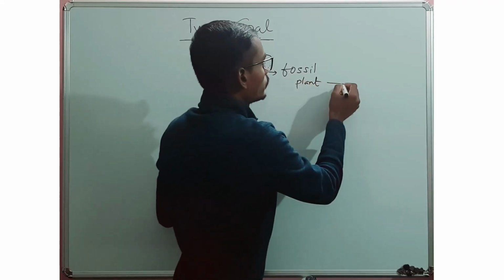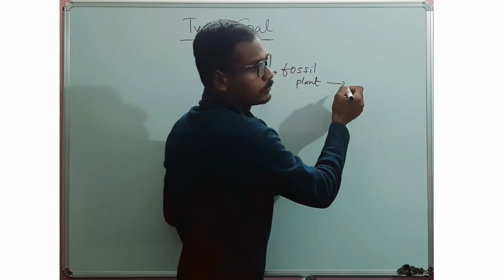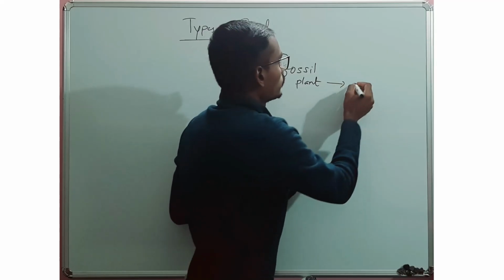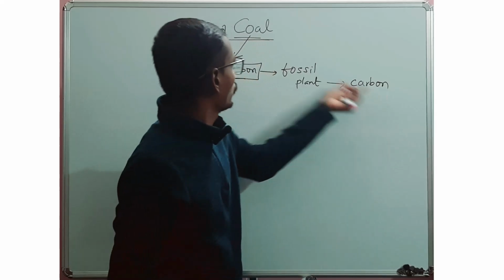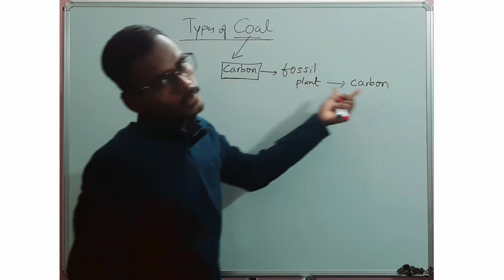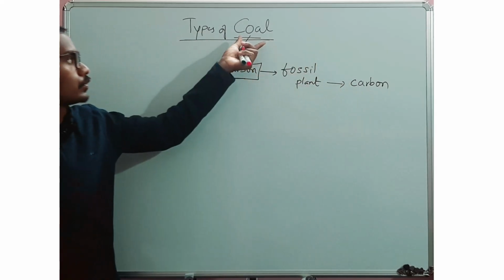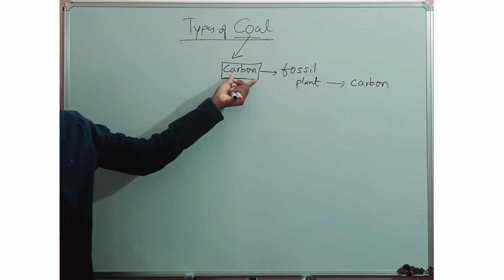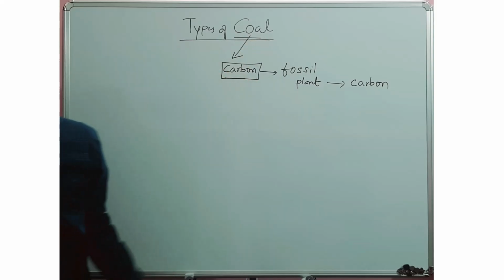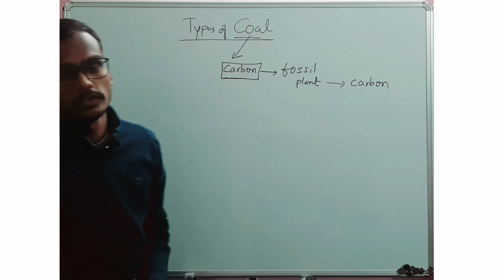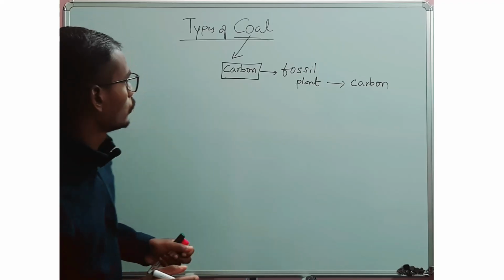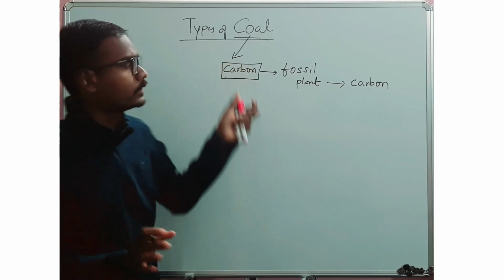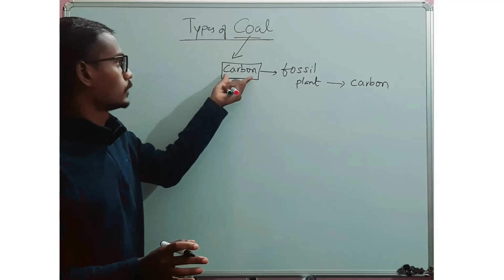Carbon only, because cellulose, lignin, everything is made up of carbon. So the main constituent of the source for the coal is carbon, and obviously the constituent of coal is also carbon. There is nothing much surprising in the constituent of coal. Simply, the constituent of coal is carbon.